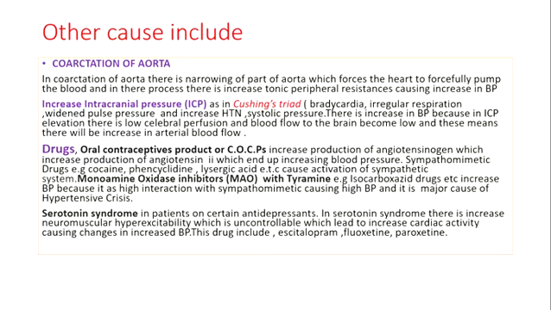Another drug effect we can talk about is serotonin syndrome in patients using certain antidepressants. In serotonin syndrome, there is increased neuromuscular hyperexcitability, which is uncontrollable. This is certain activity in the brain that causes excitement in the brain, and when there is excitement in the brain, it has an impact on the cardiovascular system, leading to increased activity in the cardiovascular system, and pressure will be elevated.